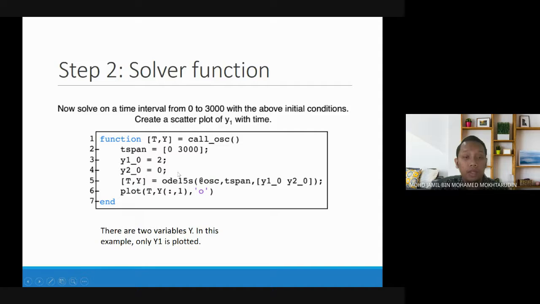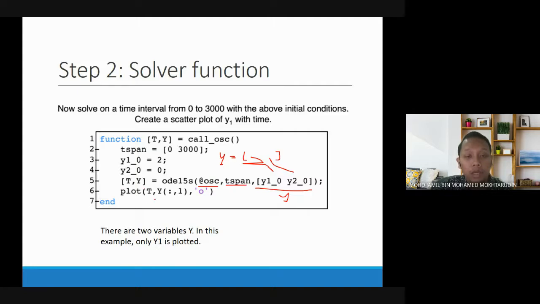You can combine them in a square bracket, or simply write y equals the square bracket containing these, and just write it here as y. Either way, it should produce the same results. And then you write the ODE solver, call the ODE function, and write the time span.